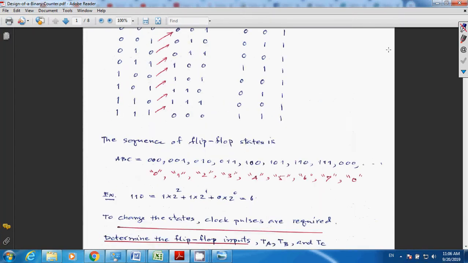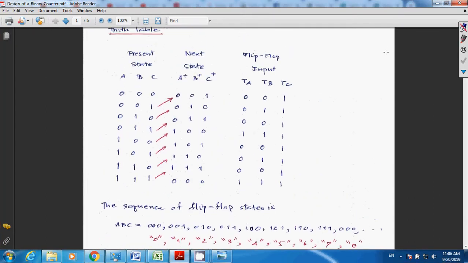So let's take a look at the truth table. You have the present state ABC. You have three binary bits, so the total number of logic combinations is going to be 2 to the third, that's 8 combinations. So you start with 0, 0, 0, 0 for A and 1, 1, 1, 1.